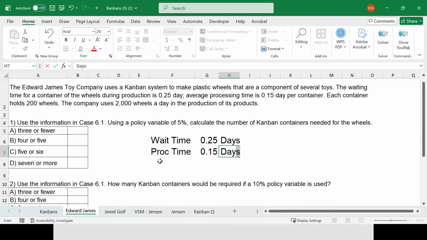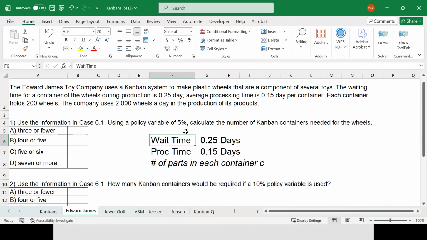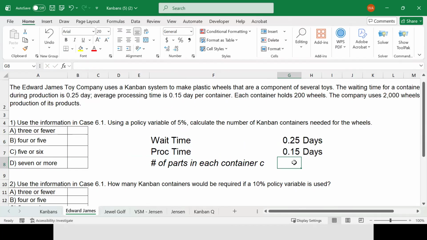Each container holds 200 wheels. So C, the number of parts in each container, is 200.